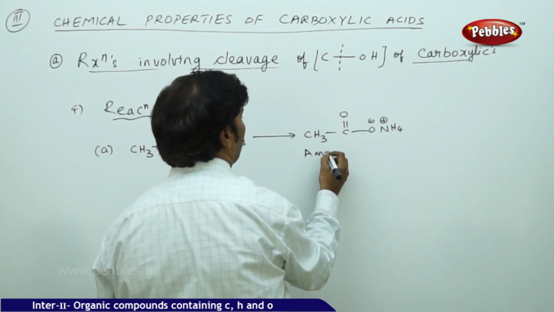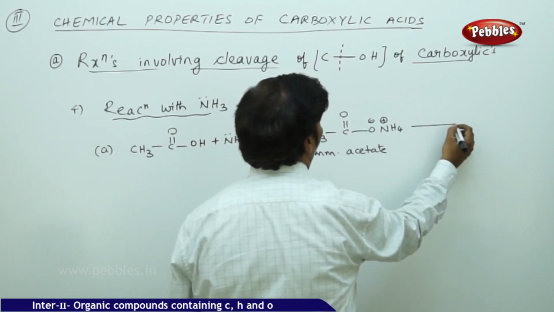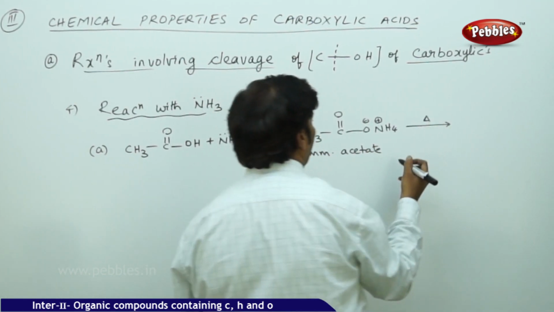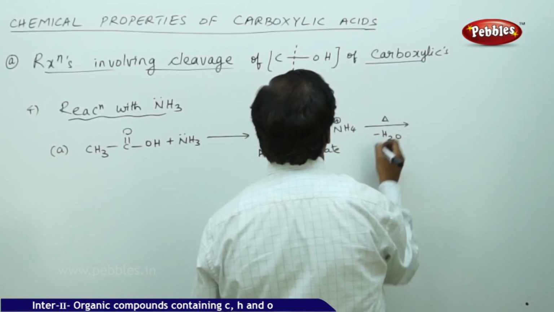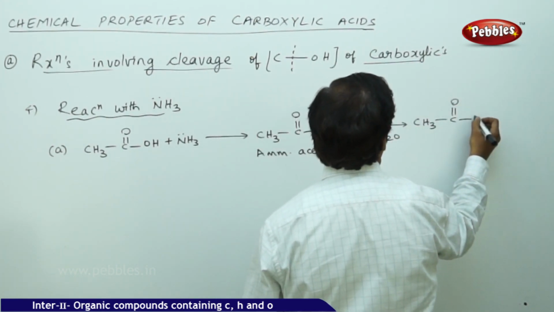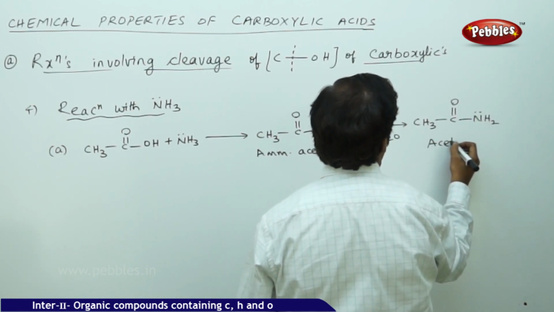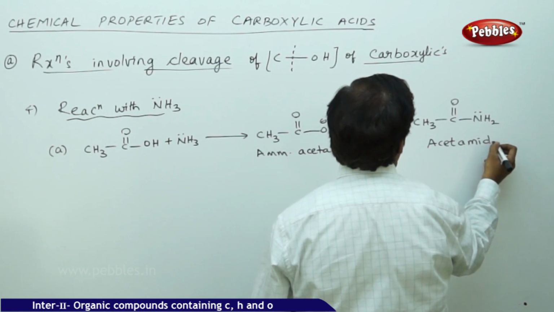This is ammonium acetate. Again you heat it strongly, you get minus H2O, you get CH3-C(=O)-NH2. So this we call acetamide.